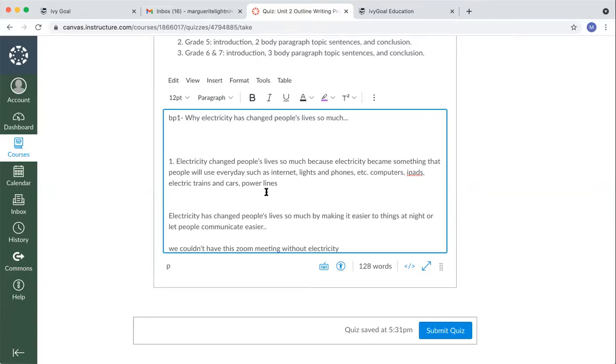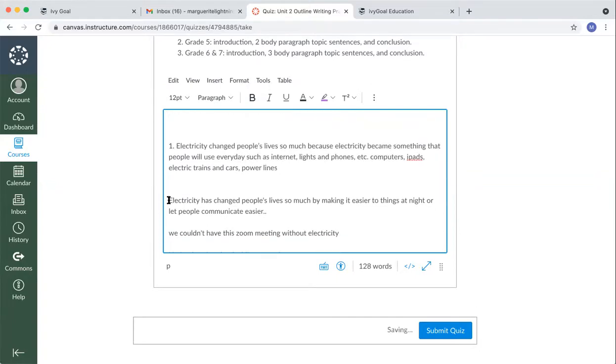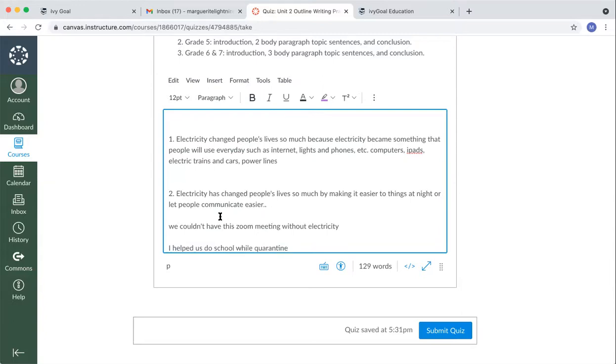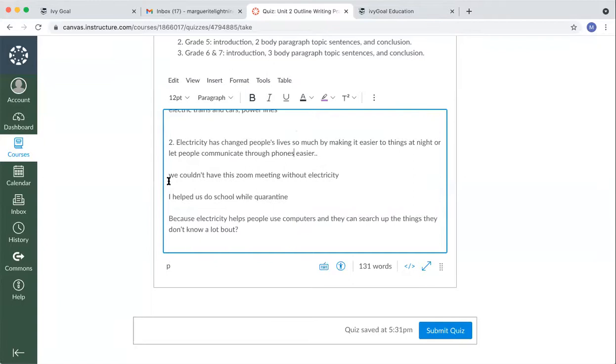Such as internet. Okay, so this is about things we use every day. And this is about making it easier to use, like to go out at night and communicate, like through cell phones, right? Through phones. Actually, before cell phones, actual landline phones.